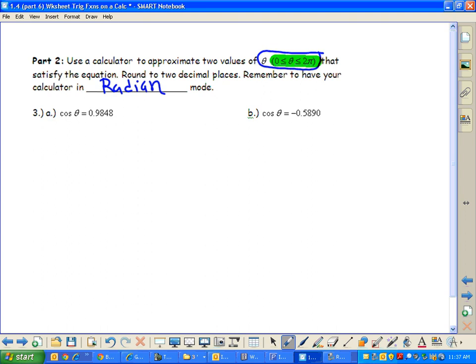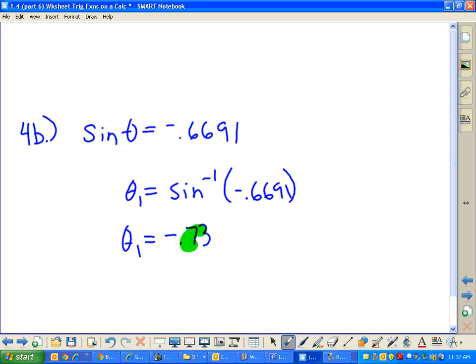Well, negative 0.73 is not between 0 and 2 pi. So you actually have to find a coterminal angle. Does anybody remember what you add in radians to get the coterminal angle? Richard? Go ahead, Adam. 2 pi or 6.28.